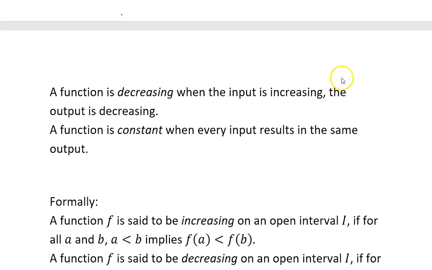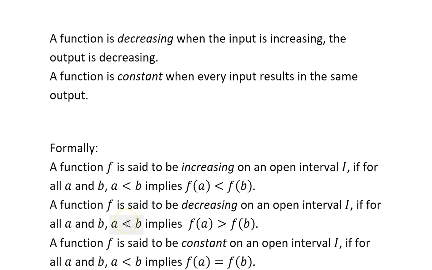All right, so more formally, this is the way we would say it academically. This is conceptually, here's the academic piece of it. A function f is said to be increasing on an open interval I if for all a and b, where a is less than b, it implies that f of a is less than f of b. So what we're saying is the smaller my inputs, the smaller my outputs for my y.